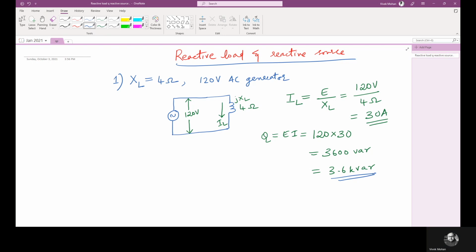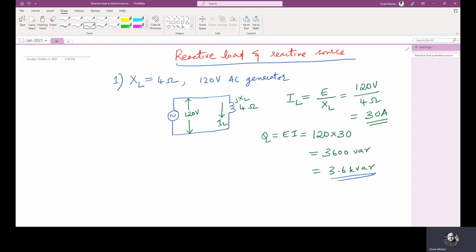Now this reactive power is absorbed by the reactor, and because of the absorption of the 3.6 kVAR of reactive power, the AC generator must be supplying it. Consequently, the generator is a source of reactive power.